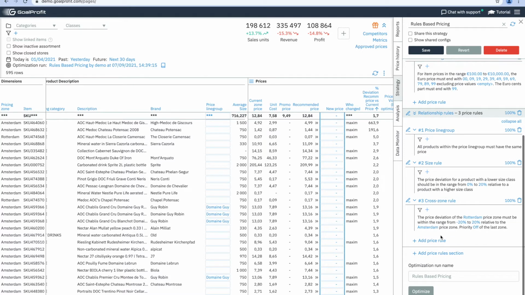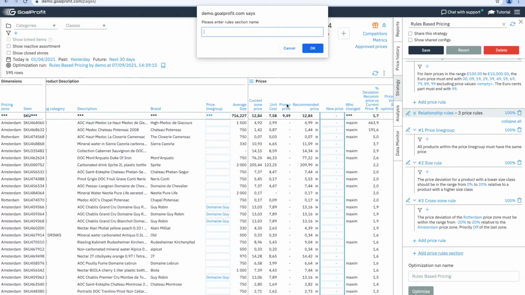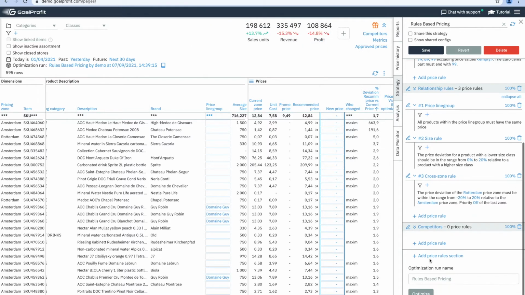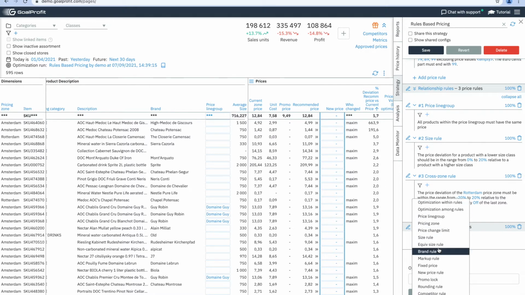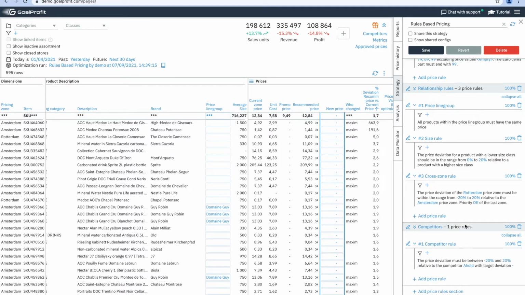And what else is missing? We could definitely add competitors. So we can say that we have competitors, and we can define the pricing relationship of our product against competitor products. You see here the price competitor rule.